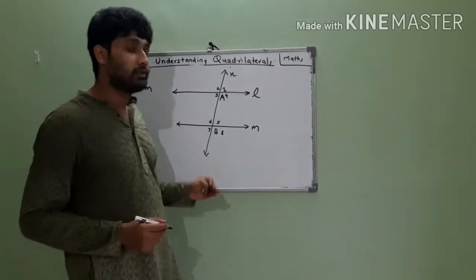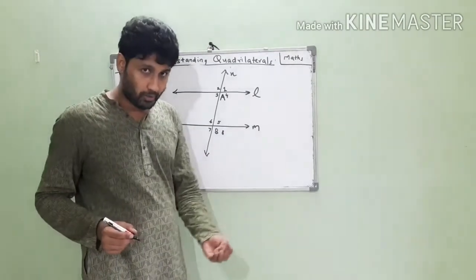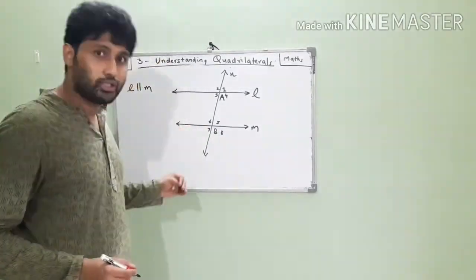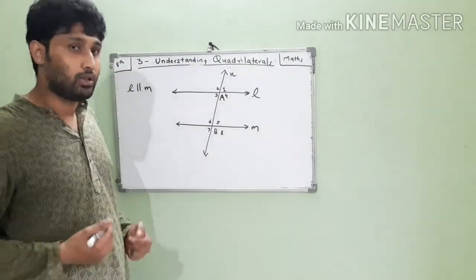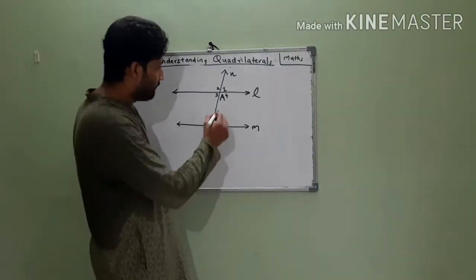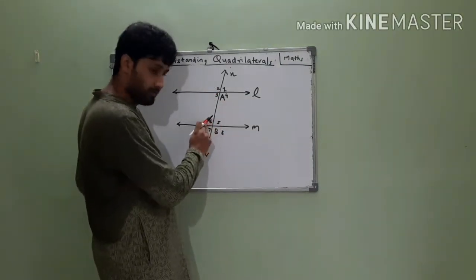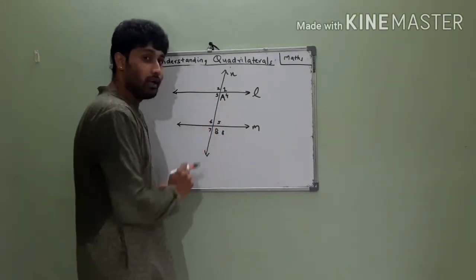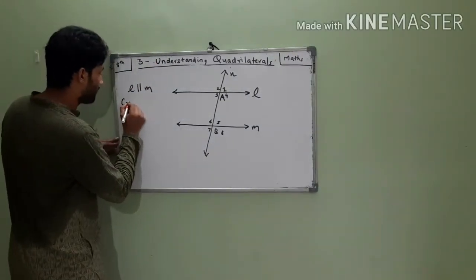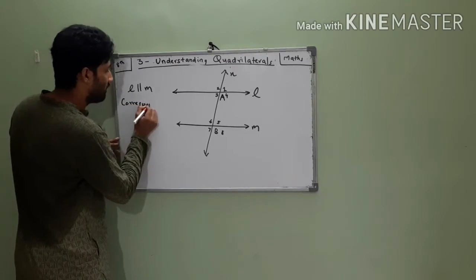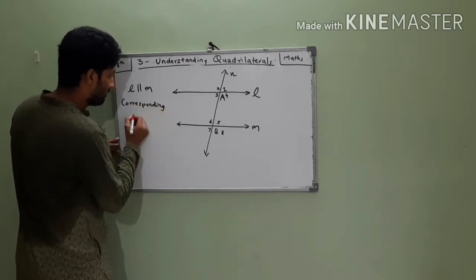And we have to understand some of the very important properties and terms associated with these angles. Let us look at all of them one by one. If you see angle 2 and angle 6, they are called as corresponding angles. So one term is corresponding angles.